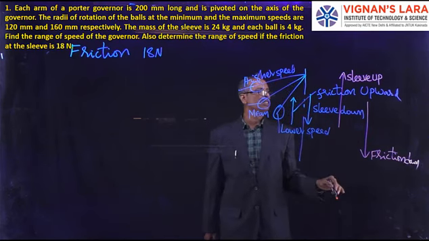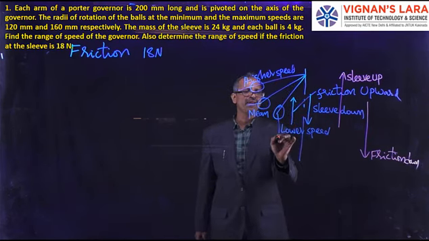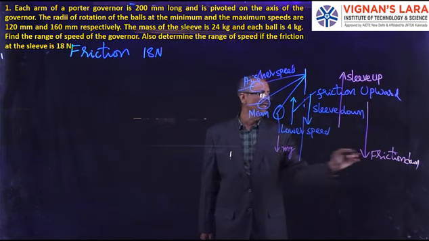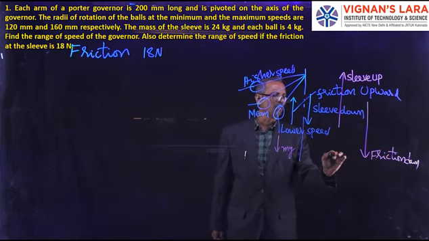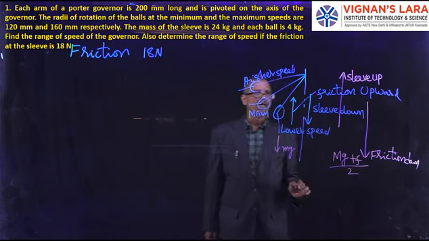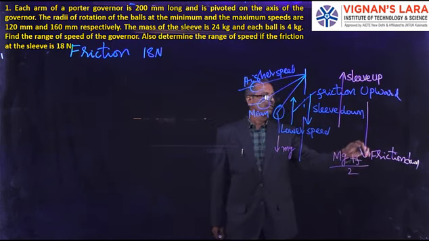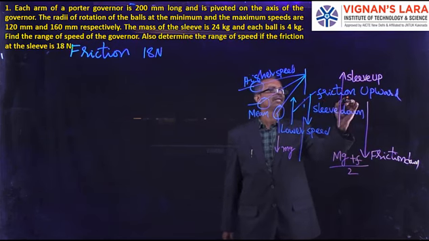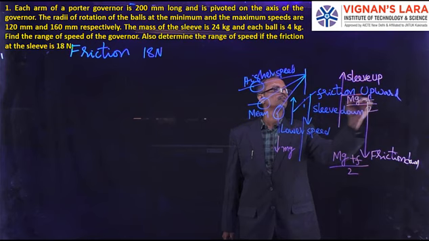When the friction is down, the self weight is also downward, so you have mg plus f by 2, whereas when the friction is upward, it will be mg minus f by 2.